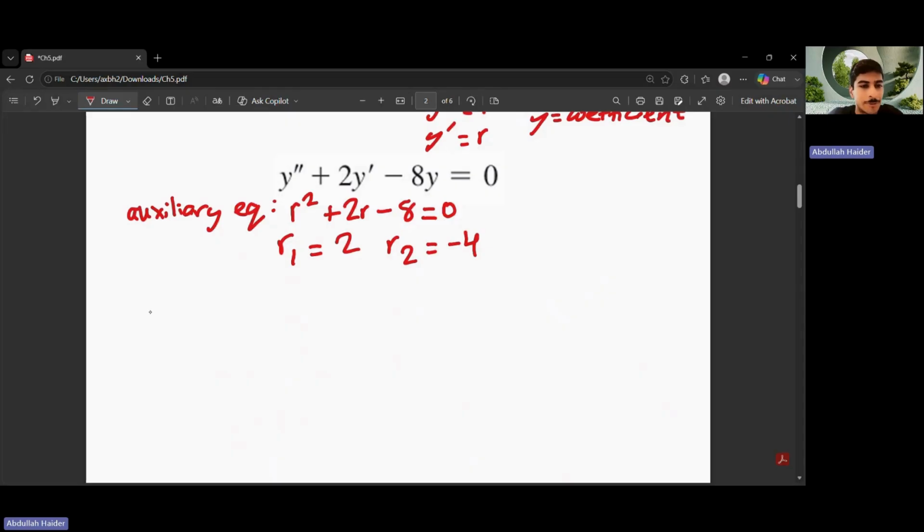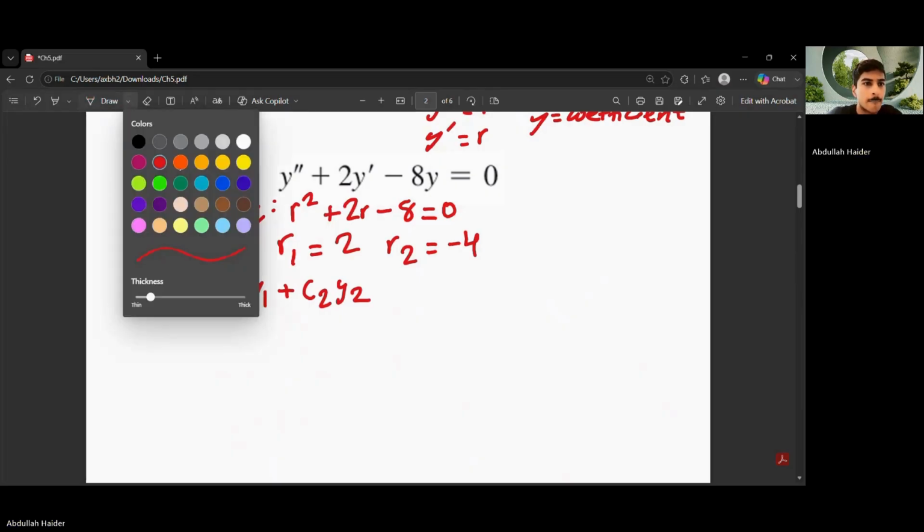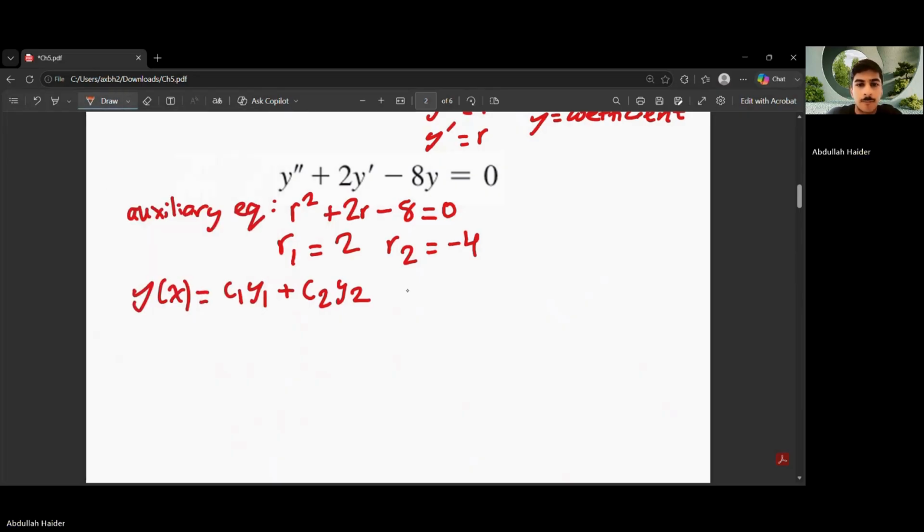And as I discussed before, the general form of the solution, y of x, is equal to c1 y1 plus c2 y2. So these are basically roots.